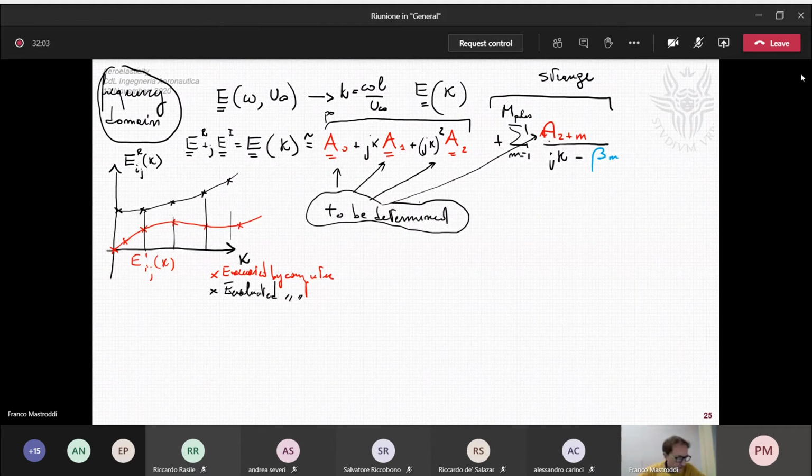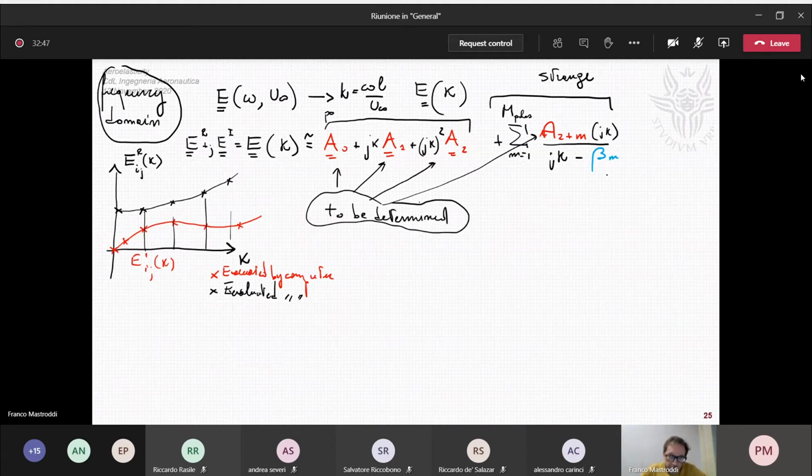Next, I want to discuss this part. Excuse me, I forgot this multiplication by jk. I also want to discuss this beta m. What is this beta m? Note that this jk is the Fourier part of our Laplace variable, which is represented by P, the n-dimensional P. So for jk equal to beta, we have a pole.